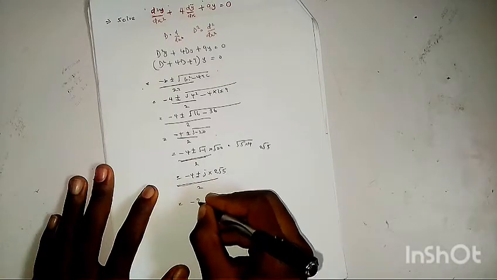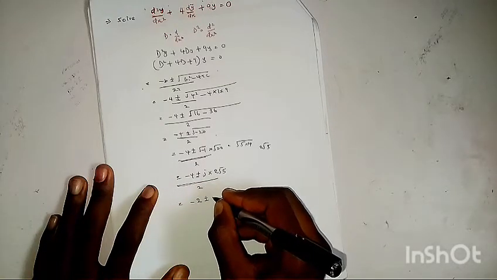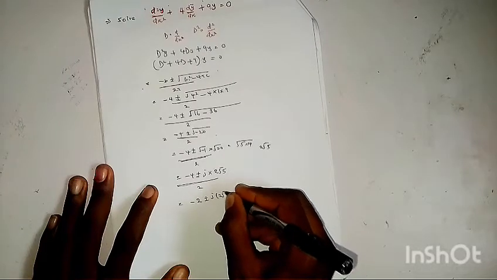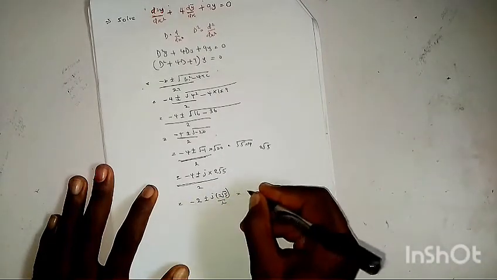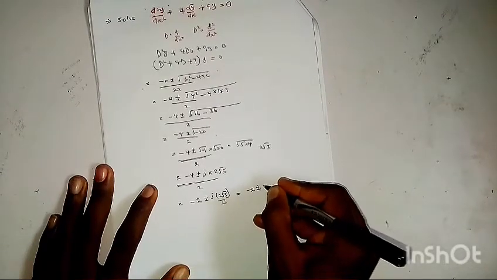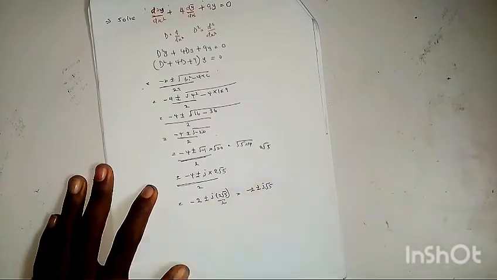So I have minus 2 plus or minus j 2 root 5, all over 2, right? This gives me minus 2 plus or minus j 5.